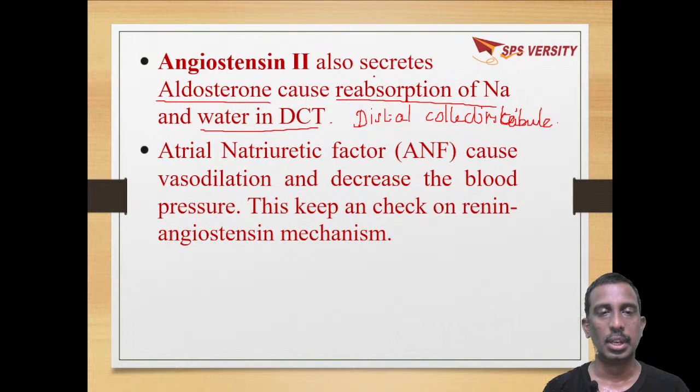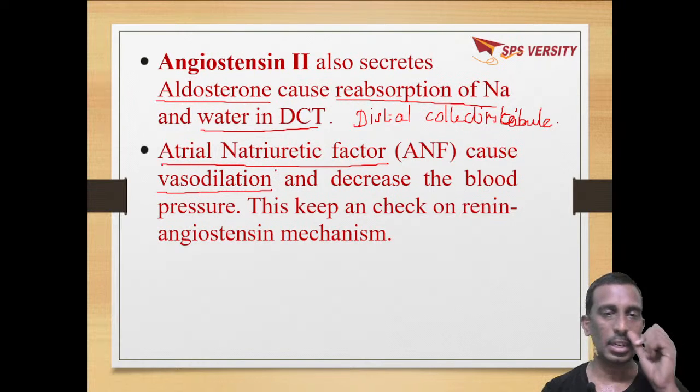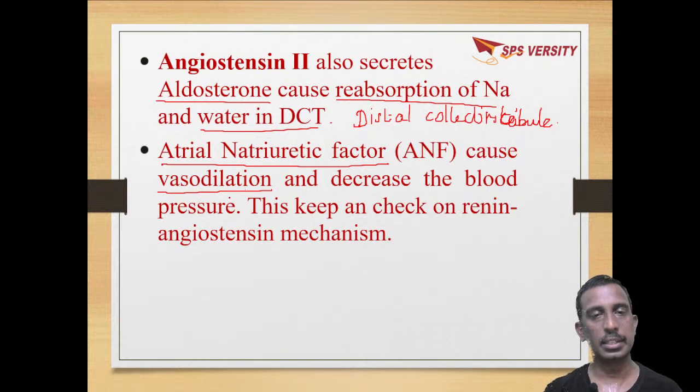Okay. And quite opposite to angiotensin 2, there is another factor, that is atrial natriuretic factor, which is called ANF, which has quite the opposite action of renin. Renin is a vasoconstrictor, whereas ANF is a vasodilator, which will decrease the blood pressure.